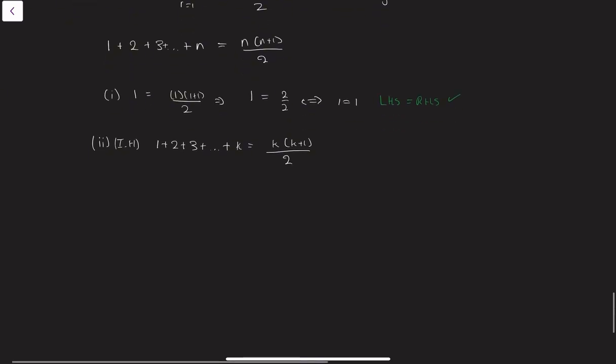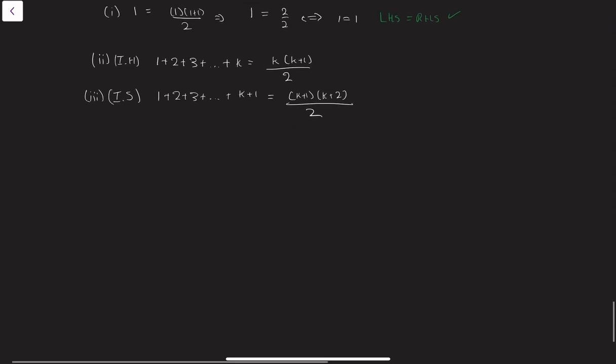And last but not least, we need to go through our induction step, I.S. And again, we'll include 1 + 2 + 3 + ... + the (k+1)th term. And this side becomes (k+1)(k+2) all over 2.